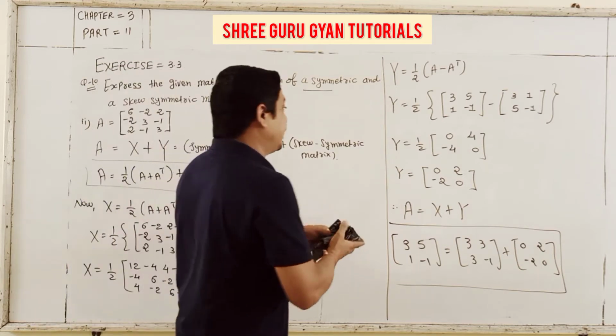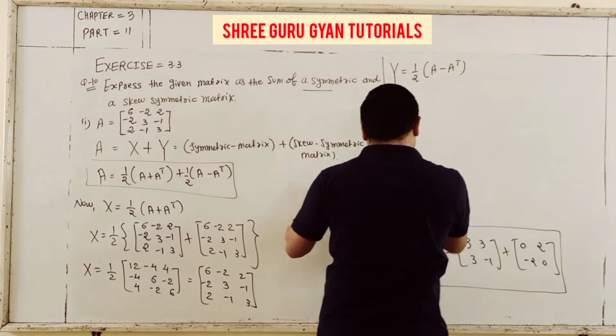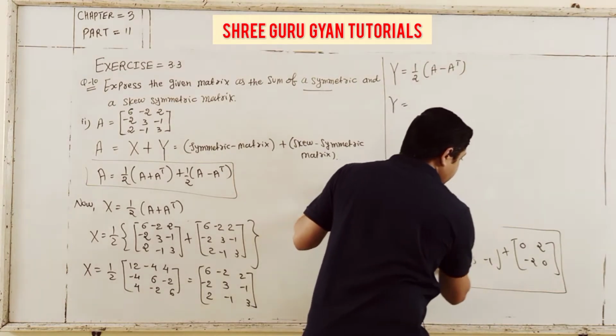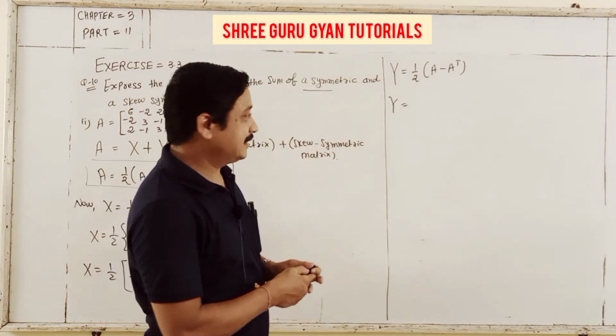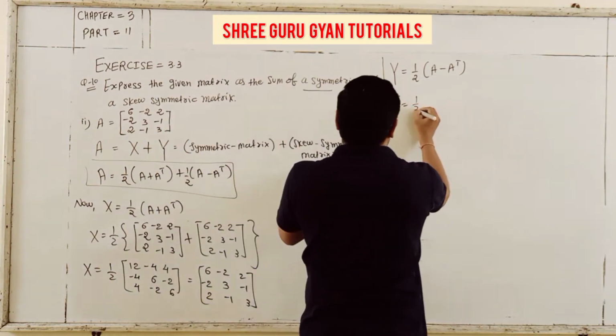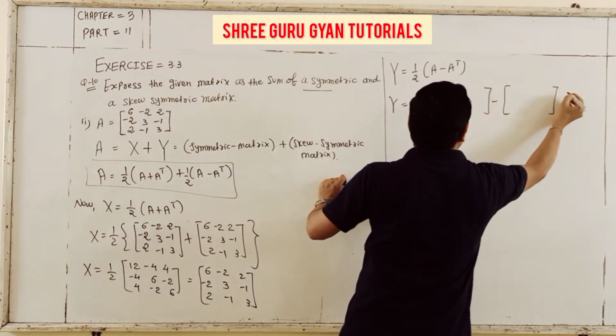Now going to the second. Y is equal to half of A minus A transpose. That becomes our skew symmetric part, just apply the values. So half, it will be A matrix minus A transpose matrix.